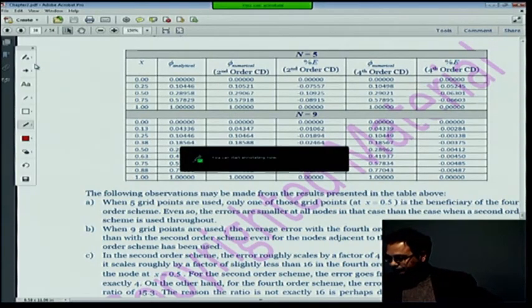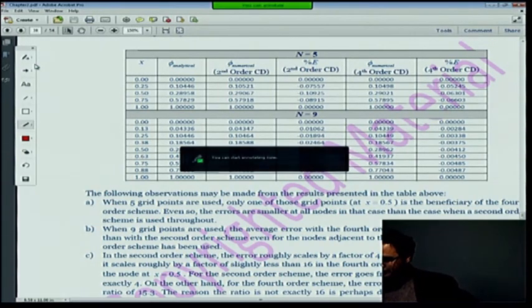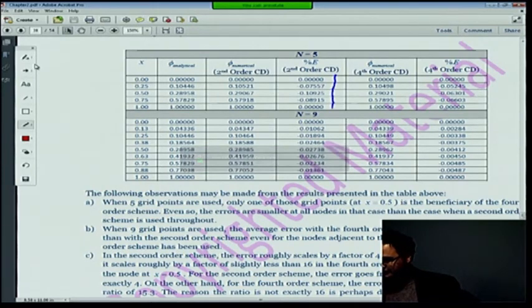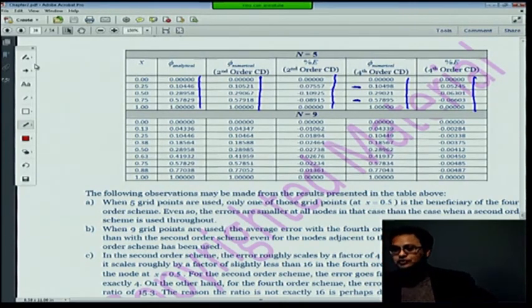This is second order central difference, this is the numerical solution, this is the analytical solution, and then here you have fourth order central difference. These two nodes actually used second order central difference because they are right next to the boundaries.